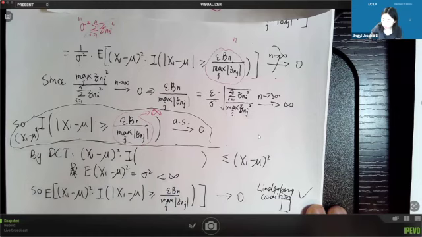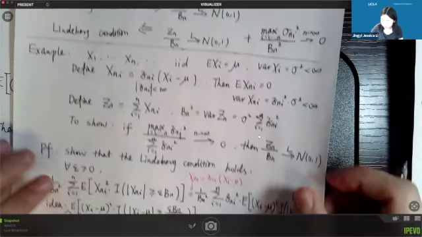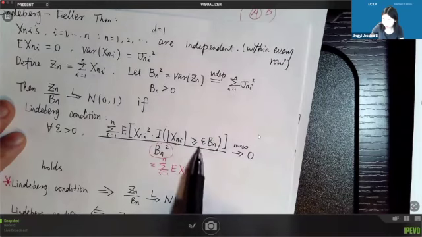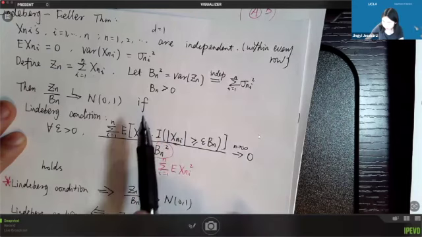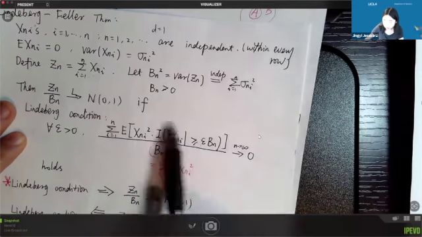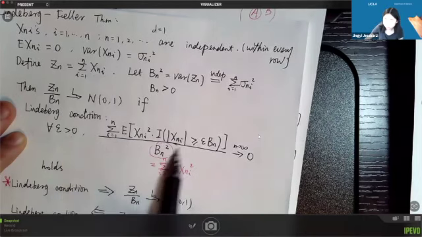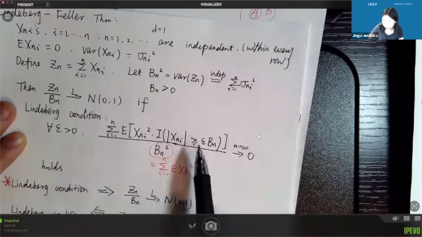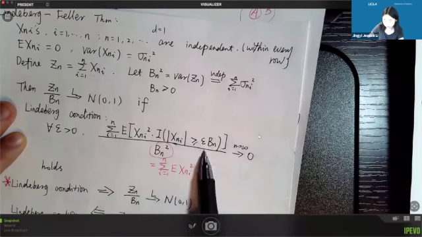Whenever we want to deal with this complicated form in the Lindeberg condition, what we want is to make the expectation not related to i, and then get it out. Then we can show it much more easily. Otherwise, every term here is related to i. That makes showing this not easy. It's quite complicated.